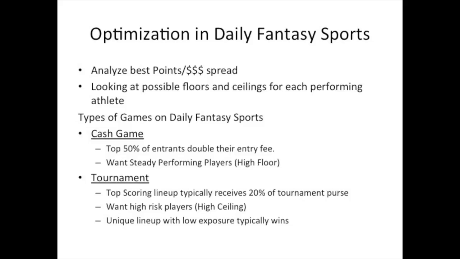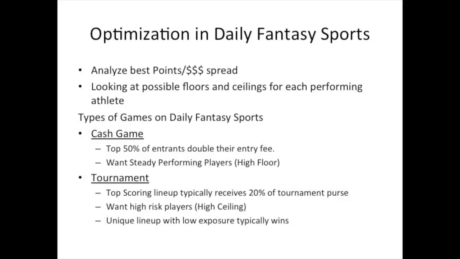Whereas in tournaments, we're looking for basically all our players to have the best possible score imaginable. This is where people put high risk players that may only get a few opportunities on the field but may have a chance to make a big play. So that's where these high risk players with very high volatility are going to come into play.